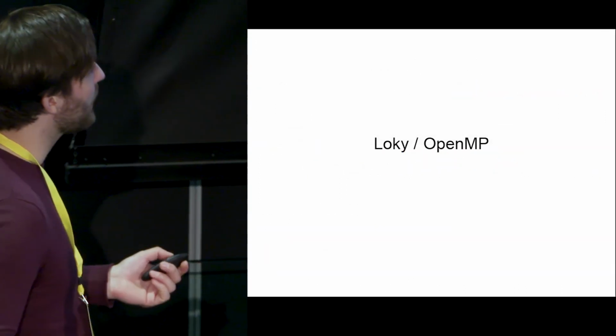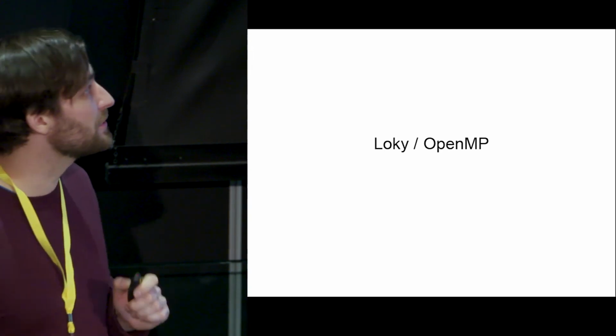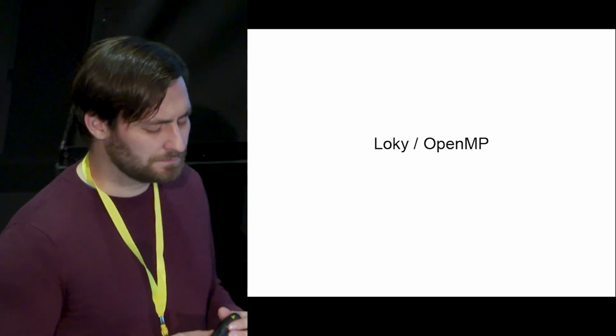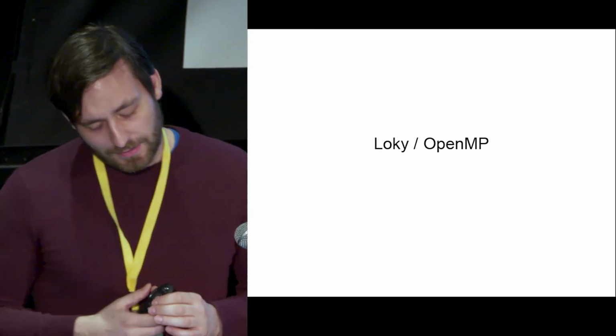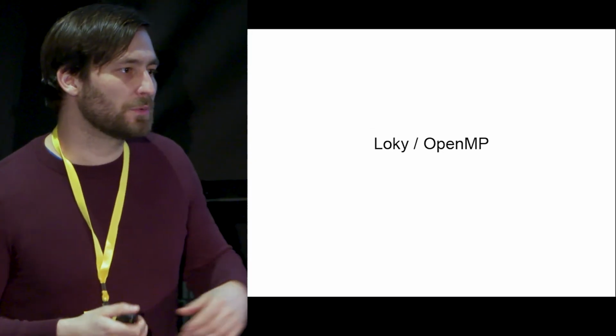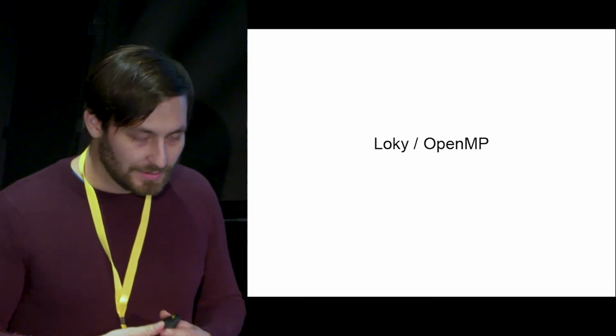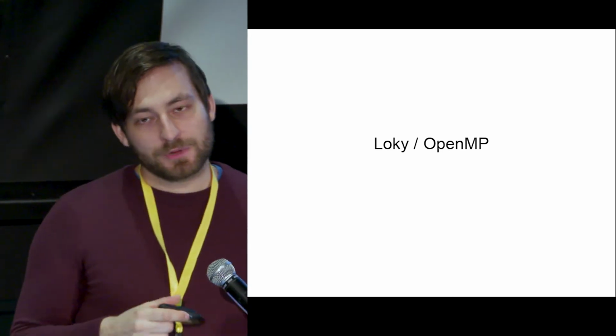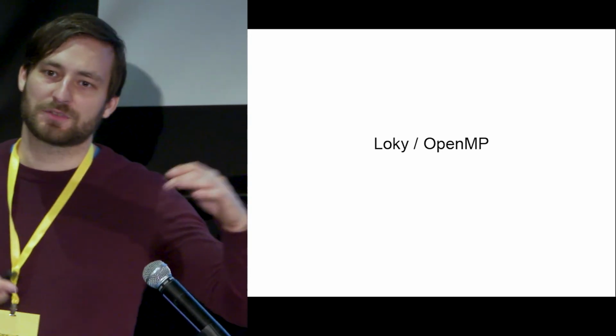Another thing that we're working on is, I already mentioned Loki, which is this new multi-processing pool developed by the team in Paris. This will allow us to do more fine-grained parallelism. So right now, Scikit-learn only does parallelism on a very coarse scale. So for example, in random forest, it will build each tree on a different core. This is one of the reasons our gradient boosting is so slow, because we can't build a single tree across multiple cores.